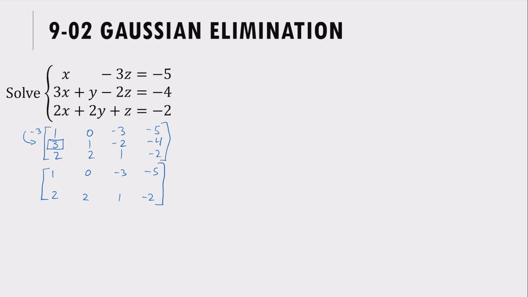The middle row becomes negative 3 times 1 plus 3. Negative 3 times 0 plus 1. Negative 3 times negative 3 is positive 9, plus a negative 2 is 7. Negative 3 times negative 5 is 15, plus a negative 4 makes 11.